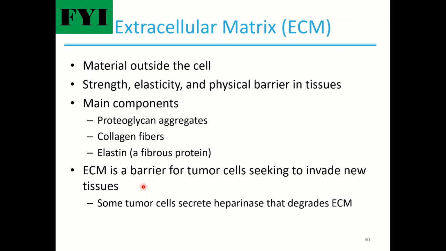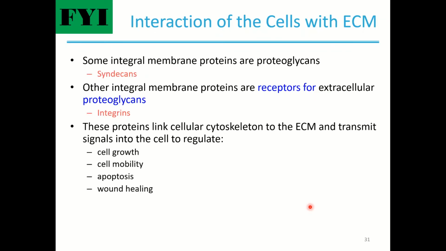This extracellular matrix is a barrier for tumor cells seeking to invade new tissues. In fact, some tumor cells can secrete an enzyme called heparanase that degrades this extracellular matrix.